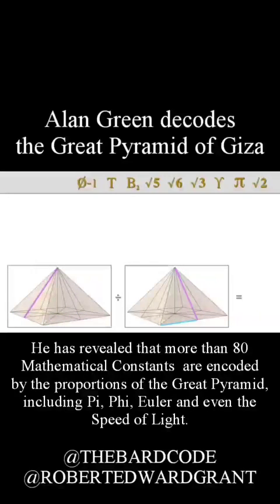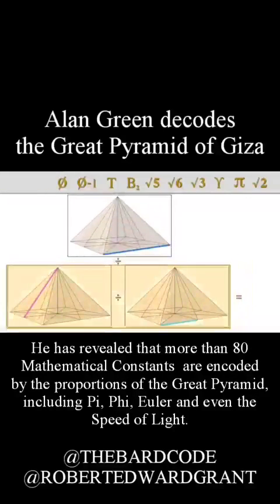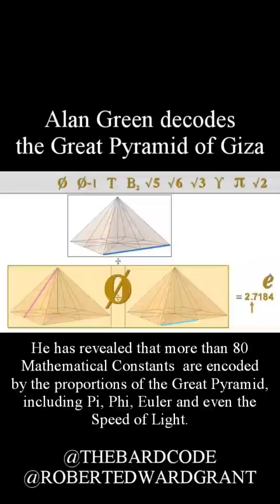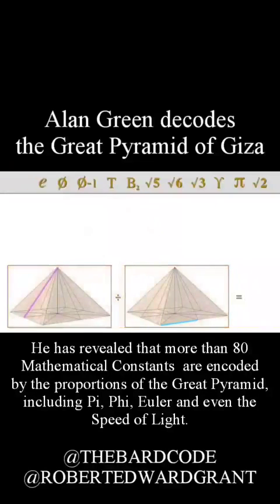And here's phi itself from the Fibonacci series. Now, if we take the base and then divide by that phi, we get e times 100, close to 4 decimal places. And finally, here's e minus 1.